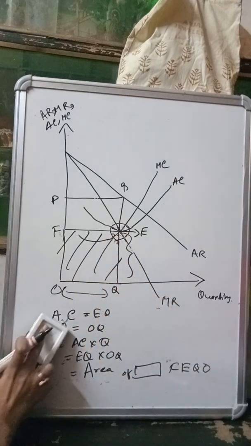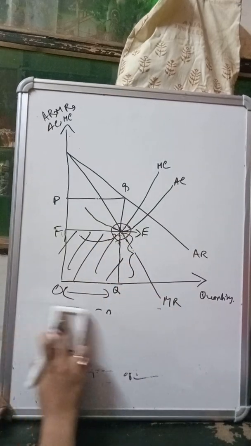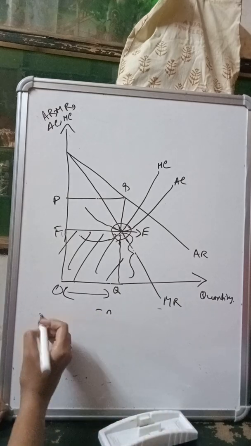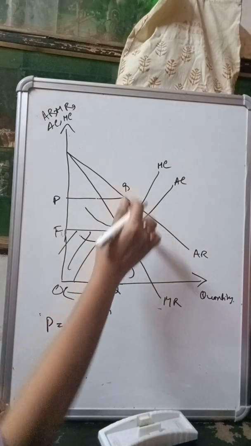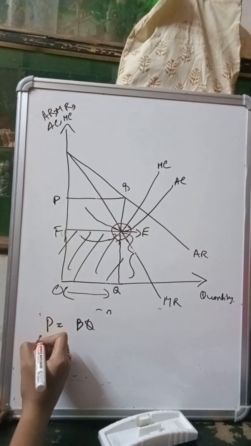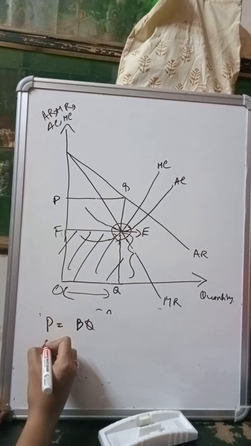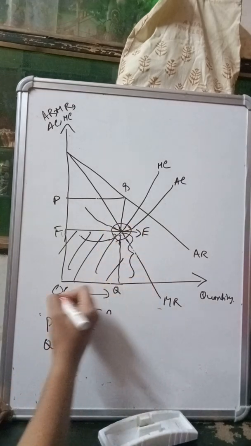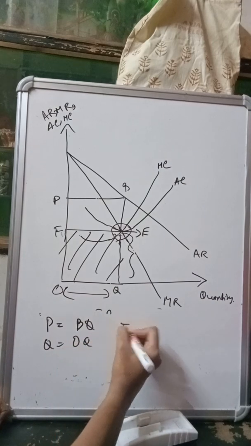In the same way we will calculate total revenue. My price, corresponding to this equilibrium, is BQ, and my quantity is OQ. So what is my total revenue?